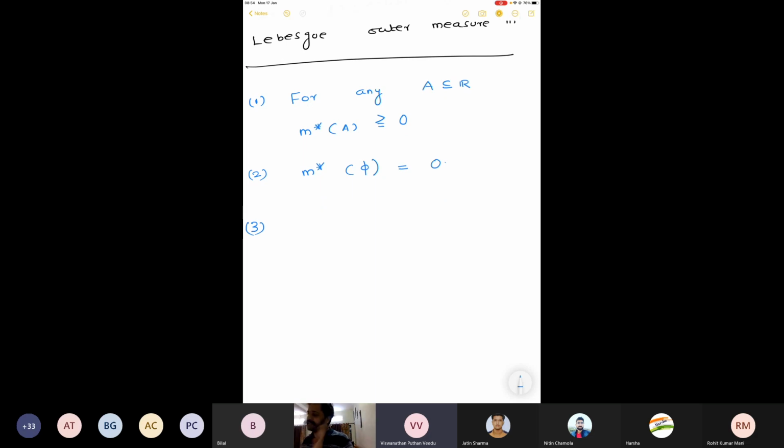Suppose I take a singleton set. Let A be equal to the set {x}, where x is in R. I want to find what M star of A is.